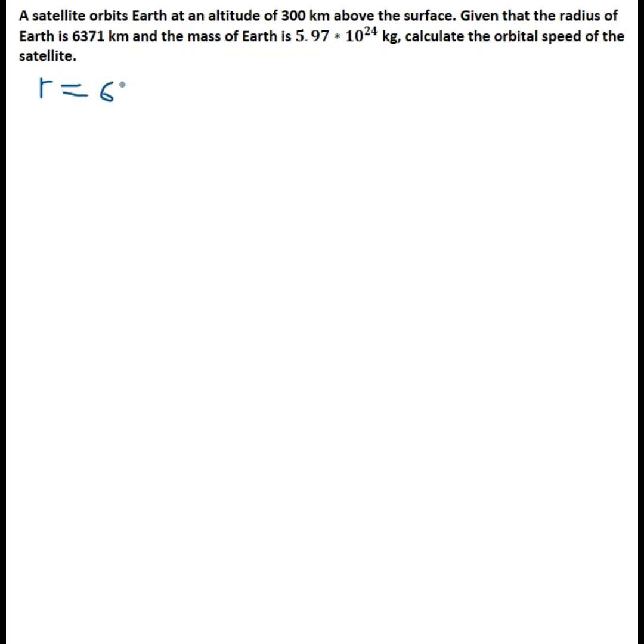So this is equal to 6,371 kilometers plus 300 kilometers, which equals 6,671 kilometers. Now, we want to convert this into SI units, which will be meters.